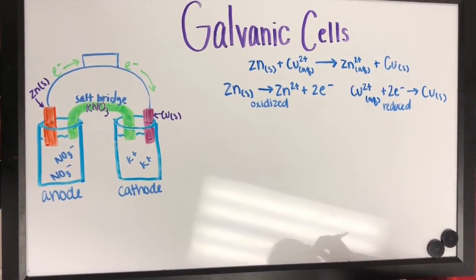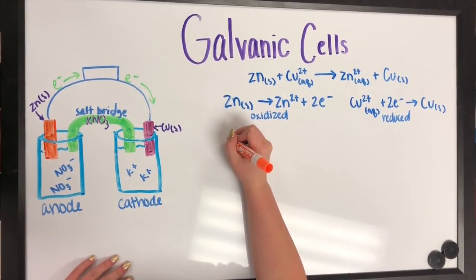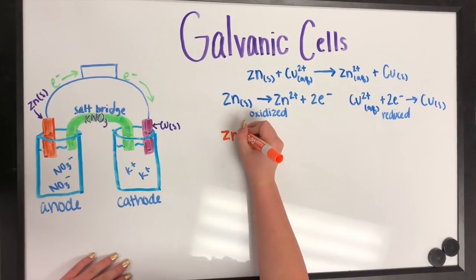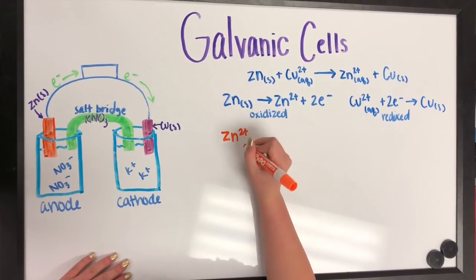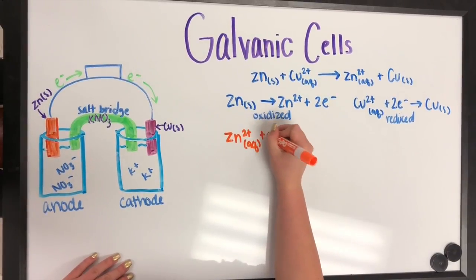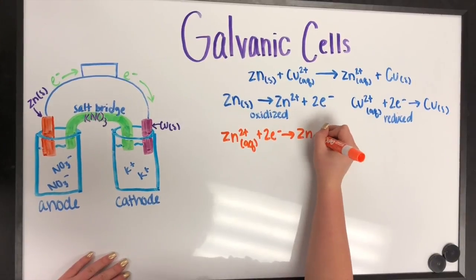Next, we're going to find out what the E cell values are for each of the reactions. So we're going to write them both in reduction form just to see what charge they have, and to see the voltage that they have and to determine which one needs to be first in the equation.